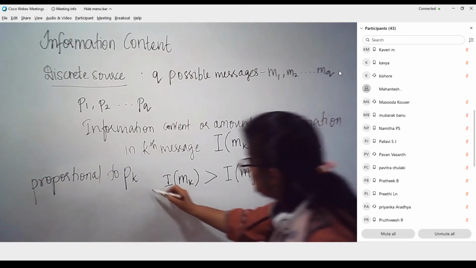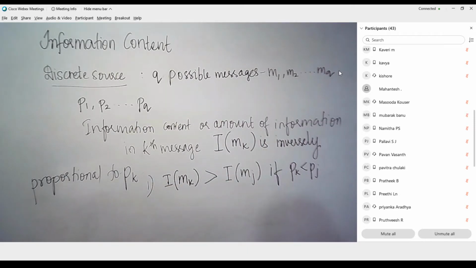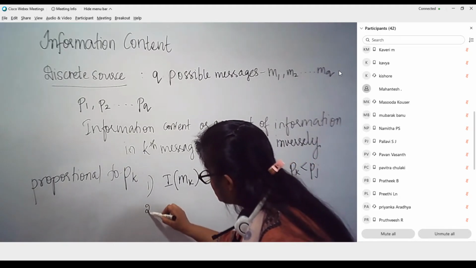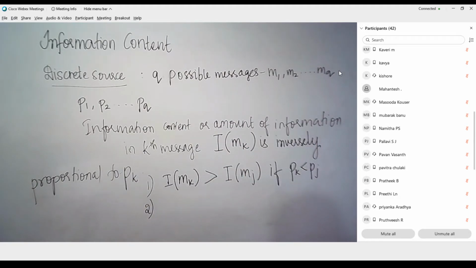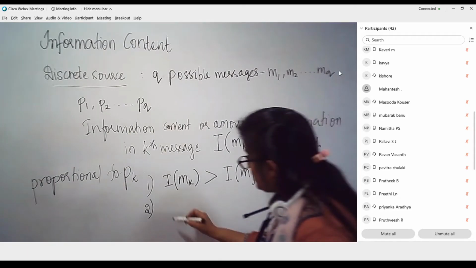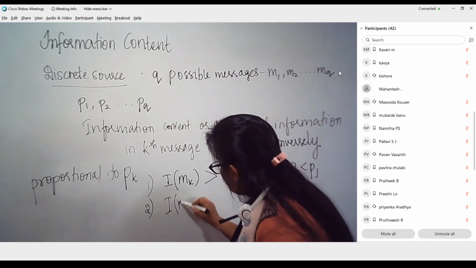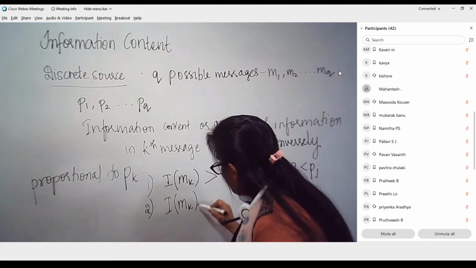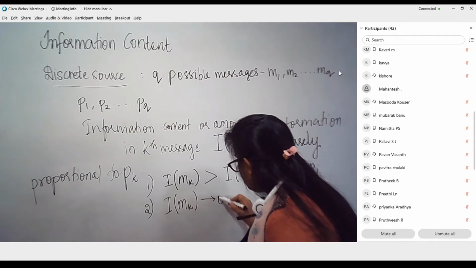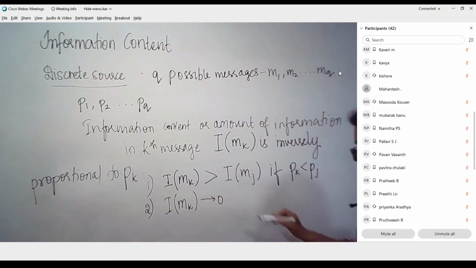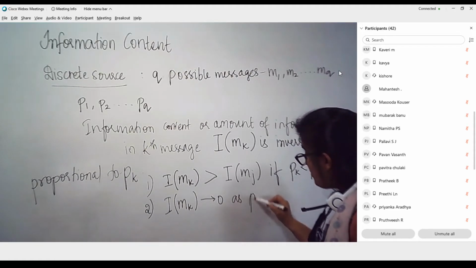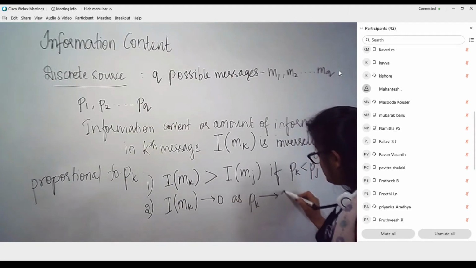This is the first thing you need to know with respect to information. The second one is that I of m of k approaches 0 as the probability pk approaches 1.